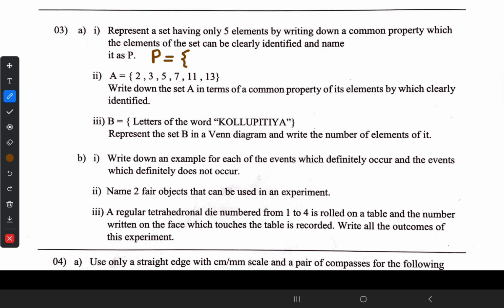Okay, I'll write that first. P in set notation: vowels in the English alphabet.